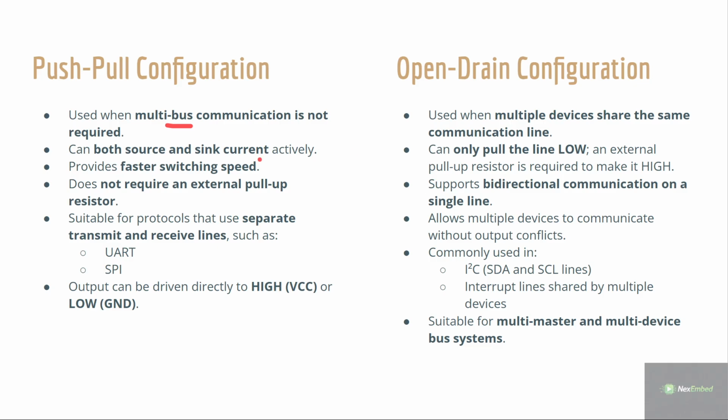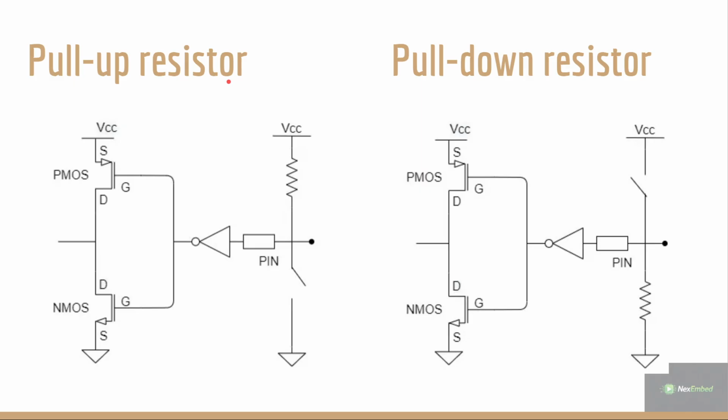In push-pull, both source and sink currents are active, whereas in open drain, if I pull the line low, only then is my external resistor required to make it high. This is some general differentiation. This open drain concept is mainly used in I2C communication only. In the remaining cases we will go with push-pull configuration.